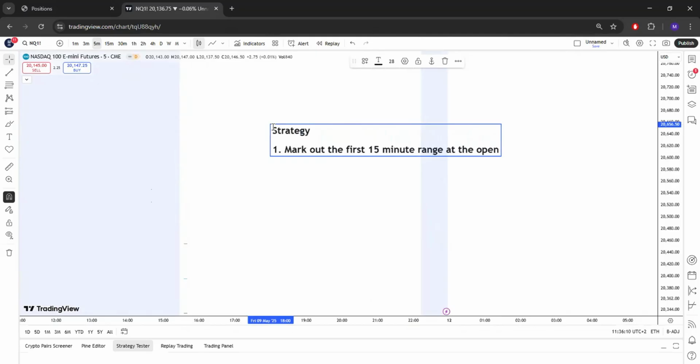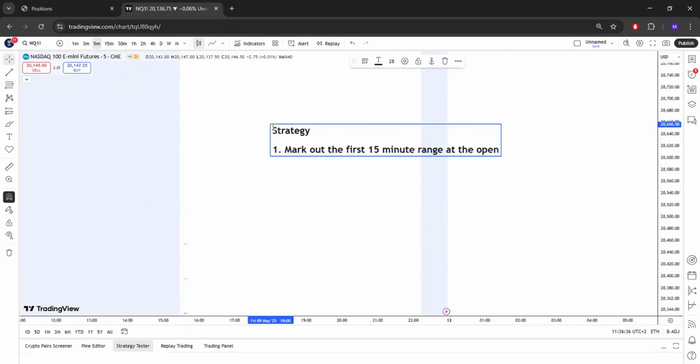So when the market opens, you're going to wait. In South African Standard Time, the market opens at 15:30 at the current moment. So 3:30 in the afternoon, and you basically wait for the first 15 minutes to play out. You mark the high and the low, and then you simply wait. That's your key levels that you're going to be trading out of.